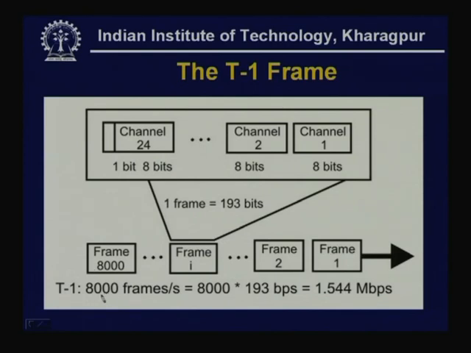So, a T1 line supports 8000 frames of 193 bits each per second, giving you 1.544 megabits per second. That is how you get the T1 rate of 1.544 megabits per second.